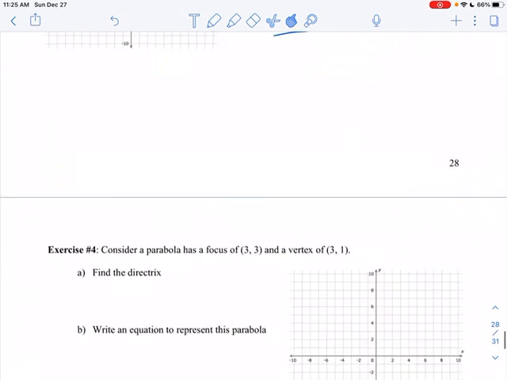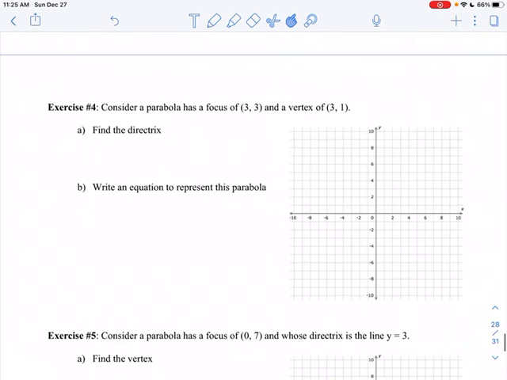All right, I got another one on the next page. Consider a parabola with a focus of (3, 3). All right, so (3, 3) is my focus, with a vertex of (3, 1). Okay. Find the directrix.